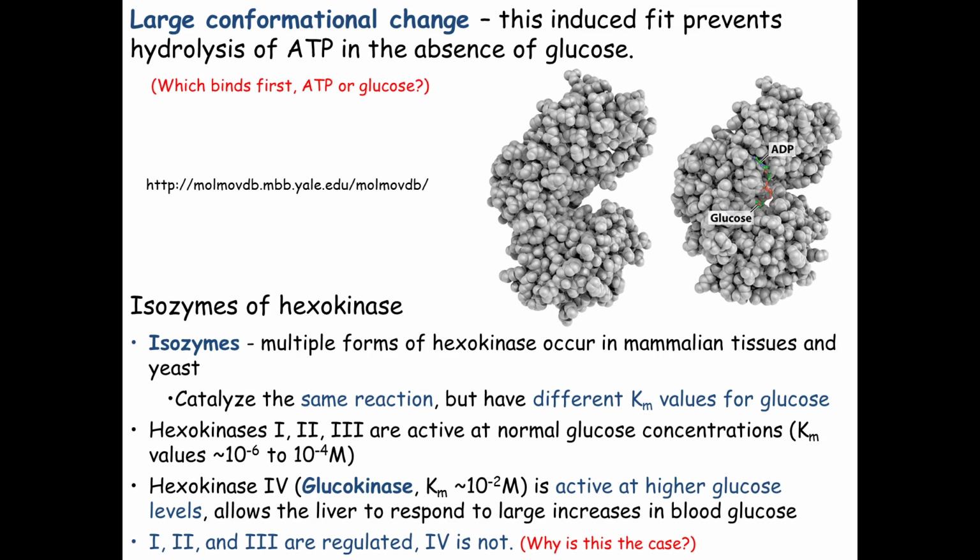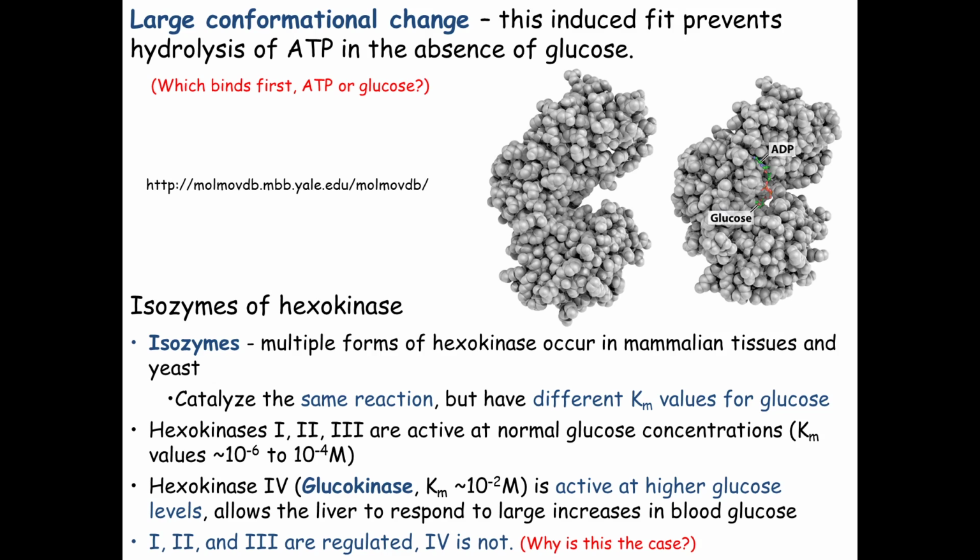So the glucose will bind to, say, hexokinase 1 differently than hexokinase 2 than hexokinase 3 or 4. They have a different affinity for each one, so the Km values are slightly different. And those occur in different tissues, and depending on the type of cell we have and how much glucose it gets exposed to regularly and how much it consumes that glucose. What is it using it for? It's not just glycolysis. So we need different hexokinases in the cell.